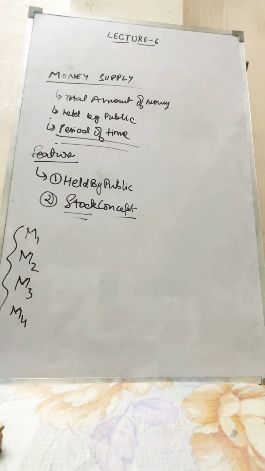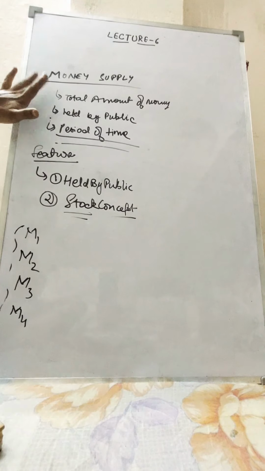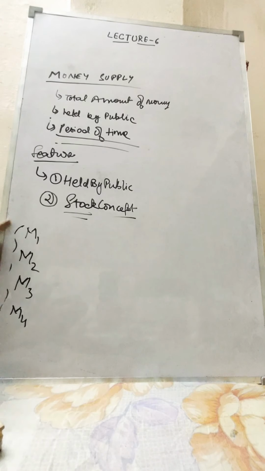This is because when RBI was launched, money measures were also launched along with it, and all these four measures of money, methods 1, 2, 3, 4, were launched by RBI to make it easier to calculate money supply only, nothing else. From these four methods, we made money supply easier.